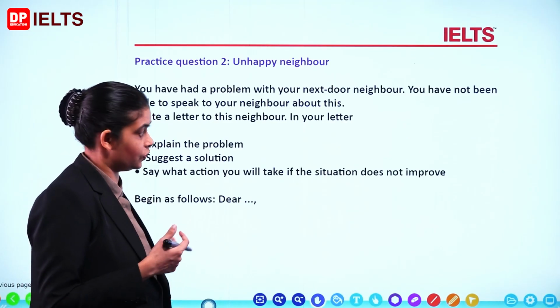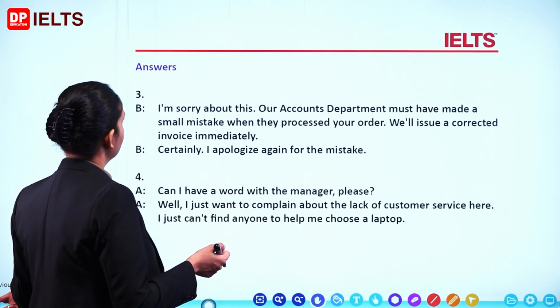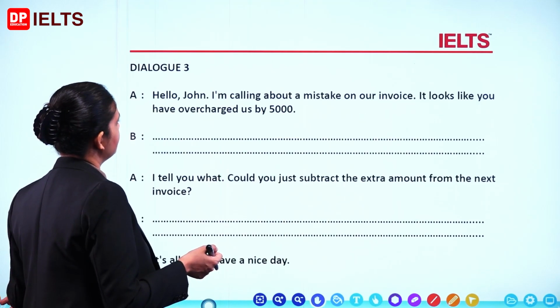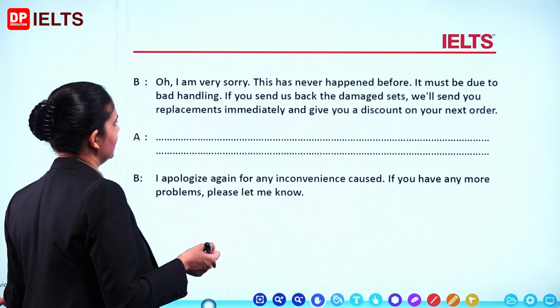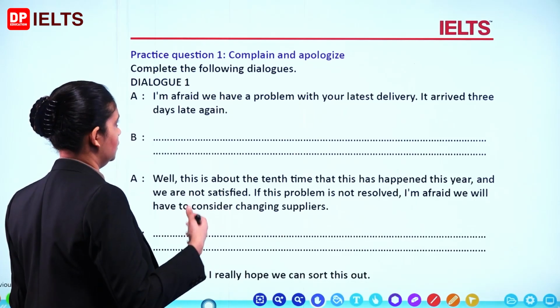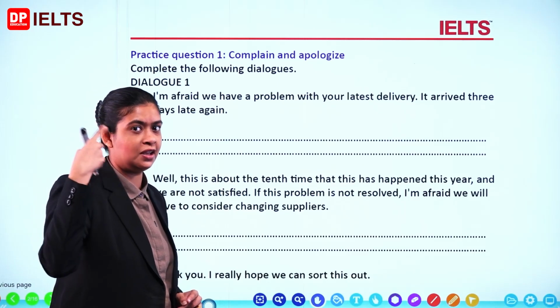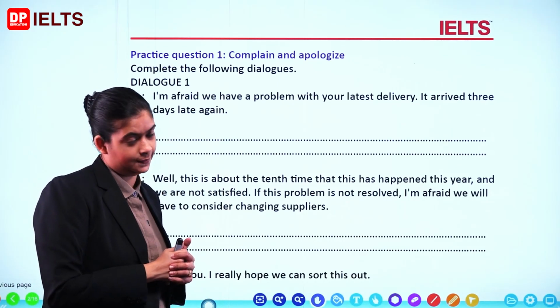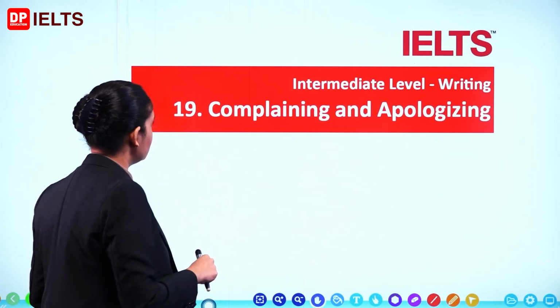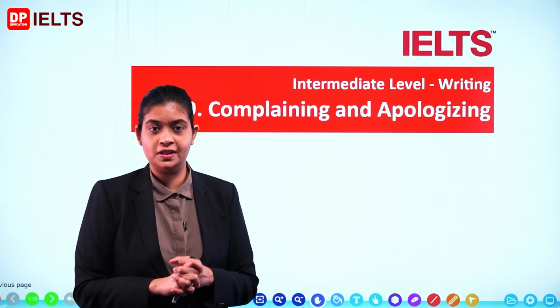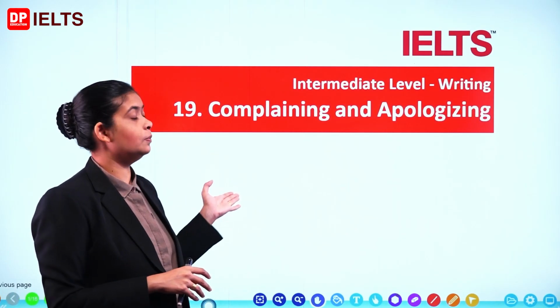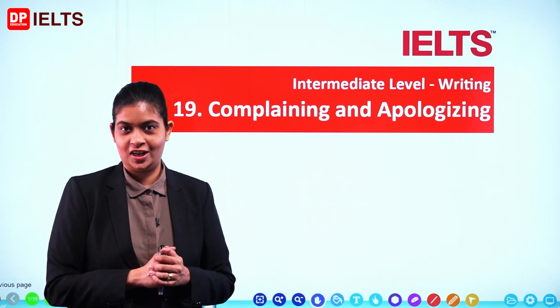So complaining, and then of course we had some dialogues to complete. I put the answers so that it was easy for you to run through, or to recall the language and phrases. So with that we have come to the end of this writing lesson, complaining and apologizing.